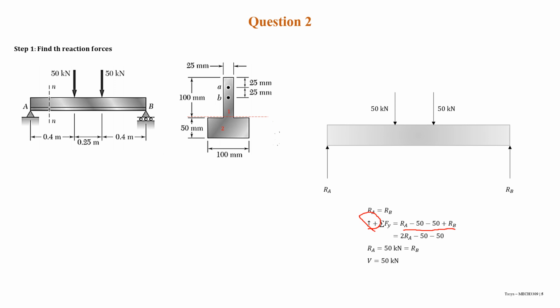Since RB is equal to RA, it will be 2RA minus 100. So from here we can obtain the value of RB, which equals RA, of course, is 50 kilonewton. So from this we found the value of V is 50 kilonewton.